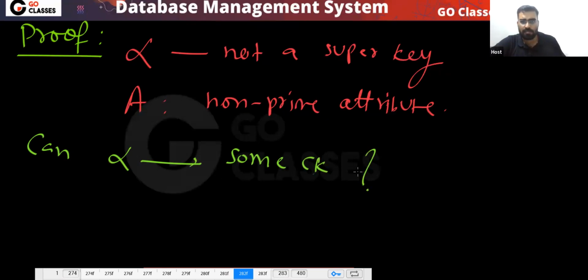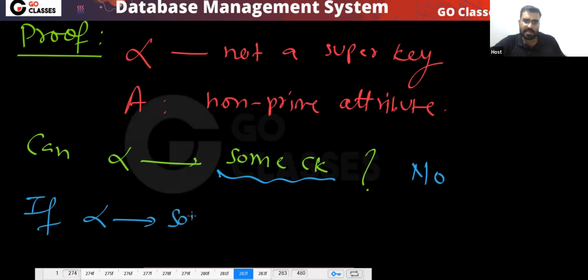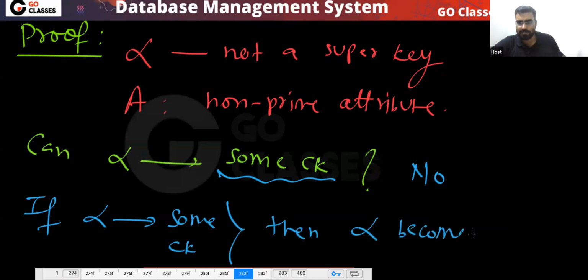The answer is no. Why? Because if alpha determines some candidate key, then alpha becomes a super key. So alpha cannot determine a candidate key. Agree? Yes or no?